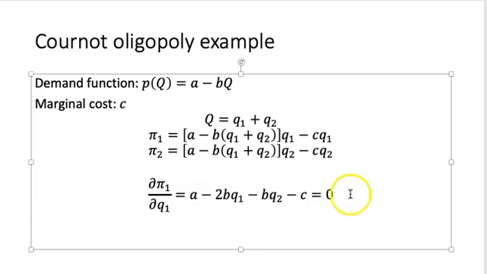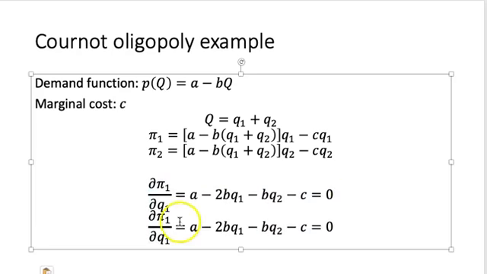On the other hand, you have the profit max condition for firm 2. Just copy this and replace the subscripts. The partial of profit for firm 2 becomes A minus 2B Q2 minus B Q1 minus C equals 0.